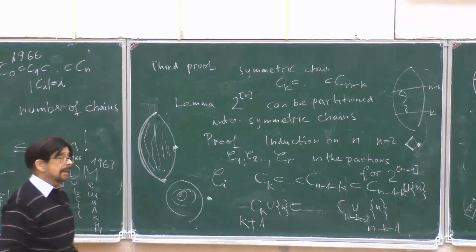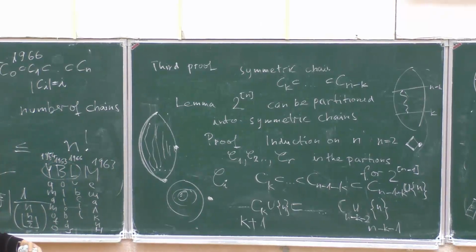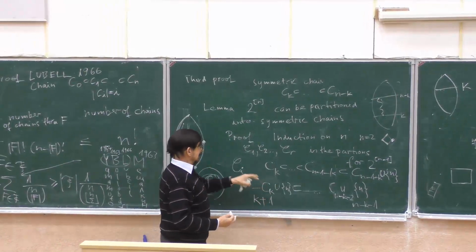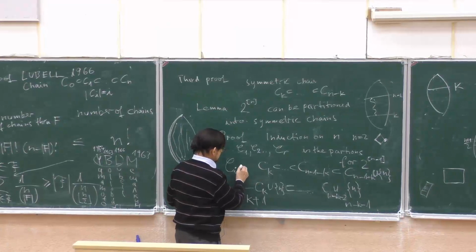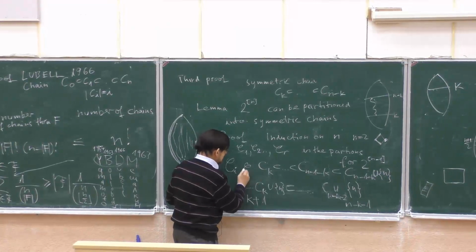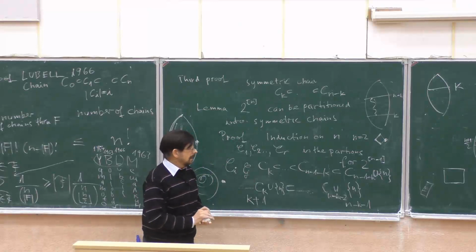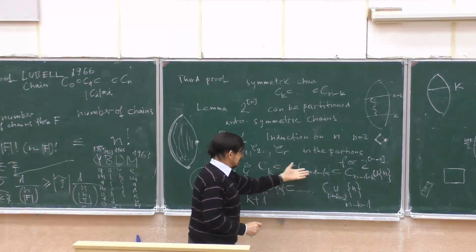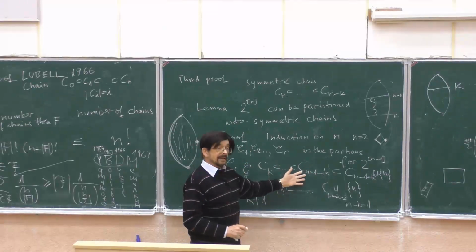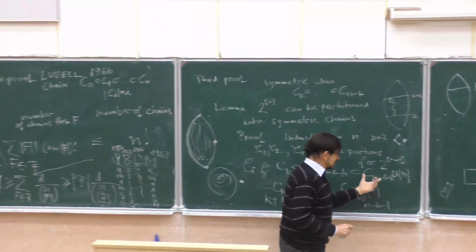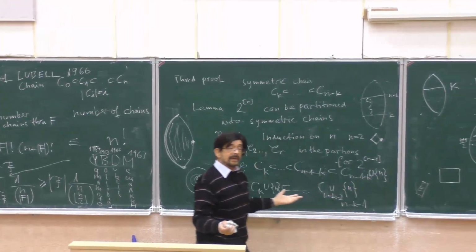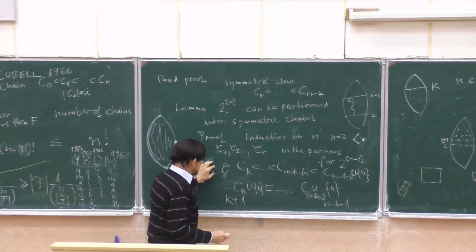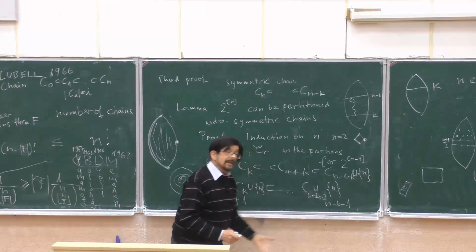So can it happen that there is a set in two chains? In these two not, but can it happen that in C_i and in C_j we have the same set? No, because the sets in different chains are different. And this was different also, we added and then it will be different. And the same here. So if we have all different sets in this, and adding a new element, they will still be different.